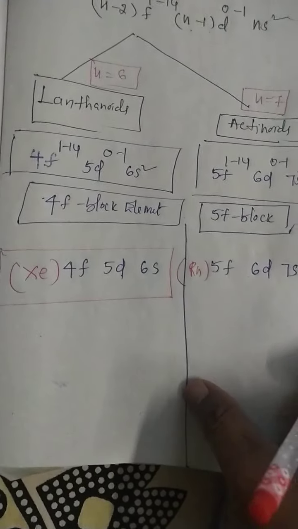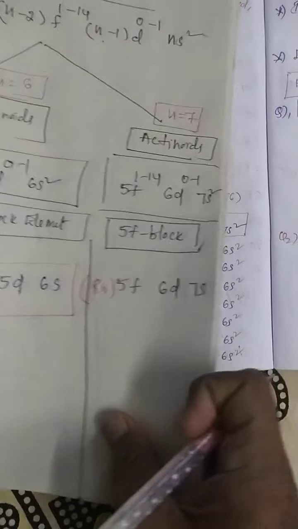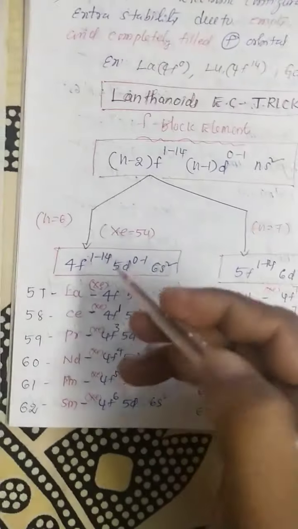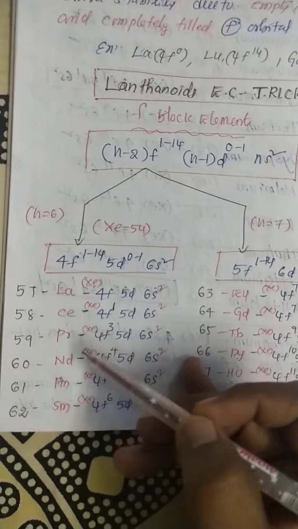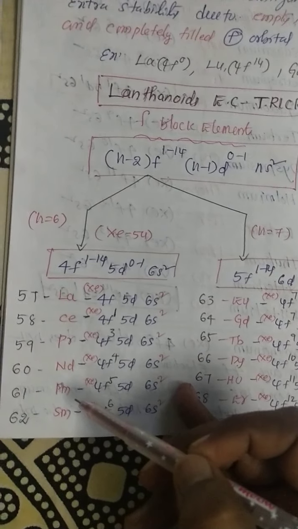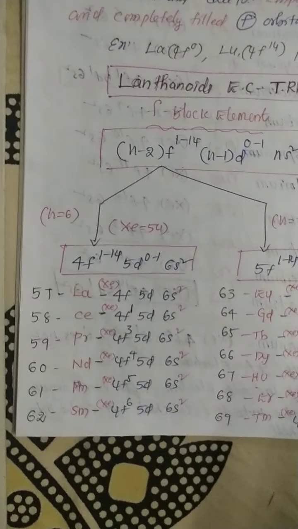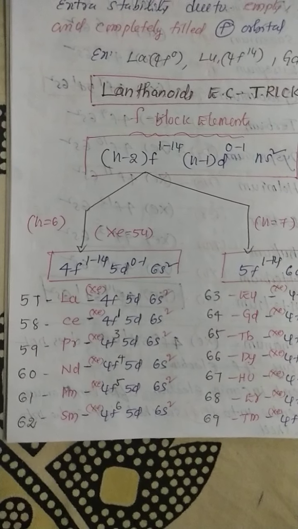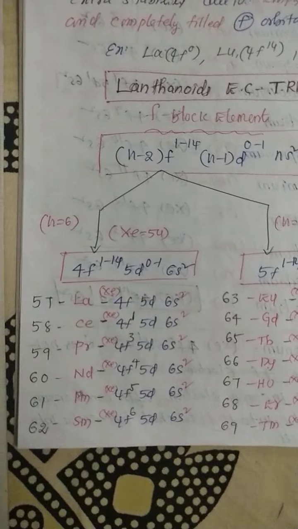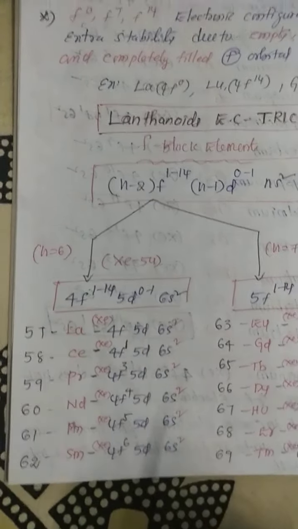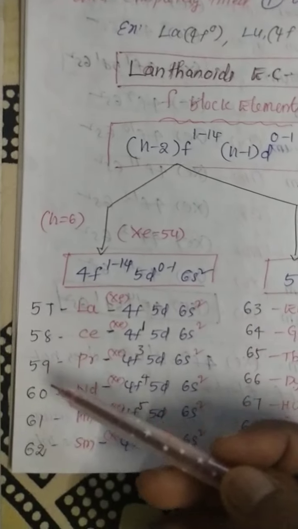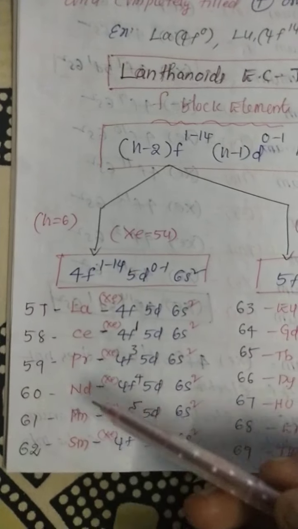First of all, see carefully. You know very well these are the lanthanides: lanthanum, cerium, promethium, neodymium, samarium. If you want to write any electronic configuration, first you must learn the atomic number and element name.